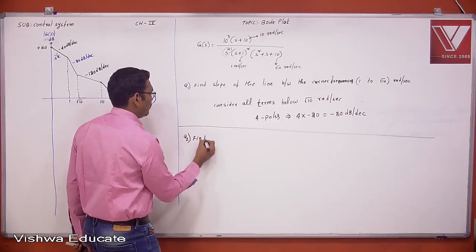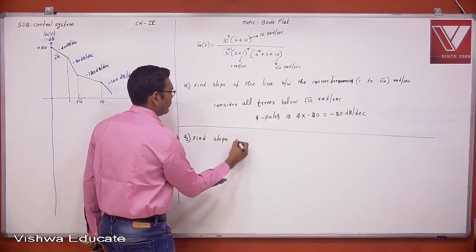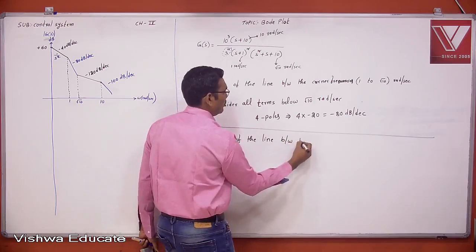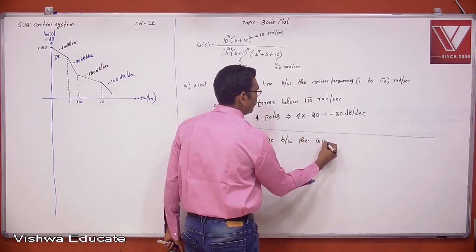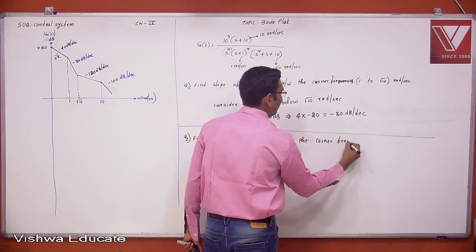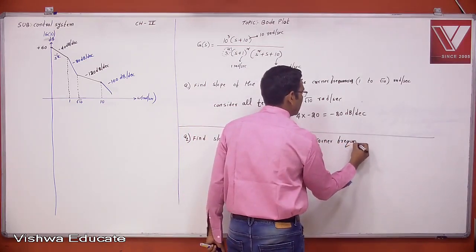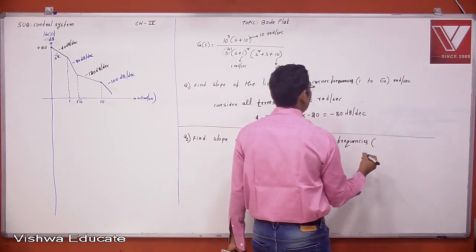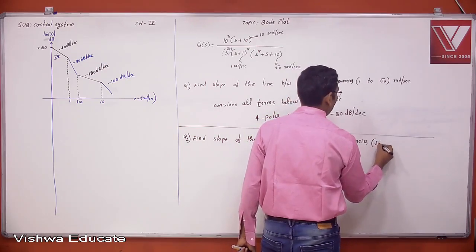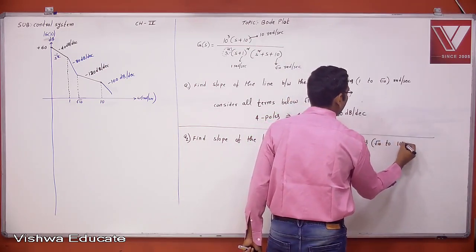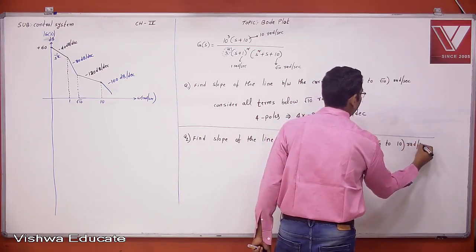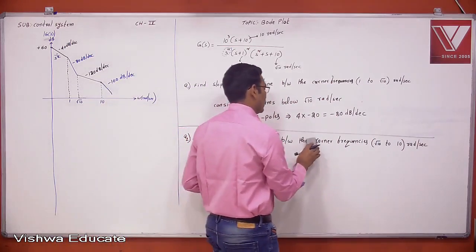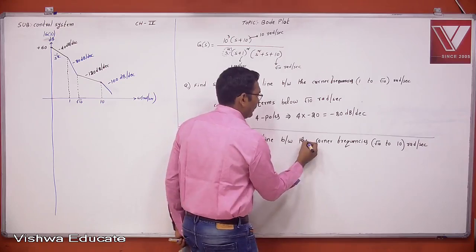Find the slope of the line between the corner frequencies root 10 to 10 radians per second.